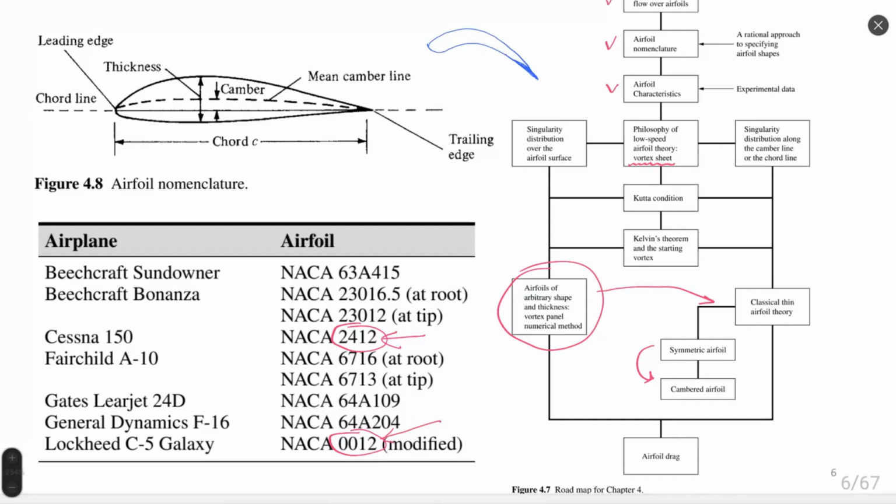It would be nice to understand this question in the future, the relation between thickness and camber line. Do not forget that curvature of a camber line is strictly related to alpha L0. The bigger this curvature, the bigger this alpha L0. So at even small or zero angle of attack, you obtain a huge value of lift.